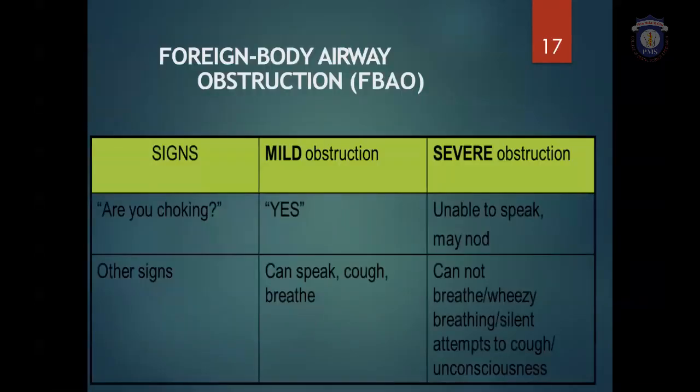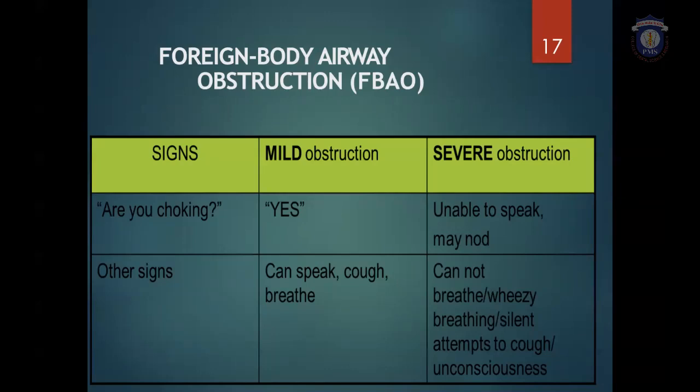In case of foreign body airway obstruction, the signs of mild obstruction and severe obstruction differ. You have to ask the patient whether they are choking. If there is mild obstruction, the patient will respond yes. If there is severe obstruction, the patient will be unable to speak or may only nod.